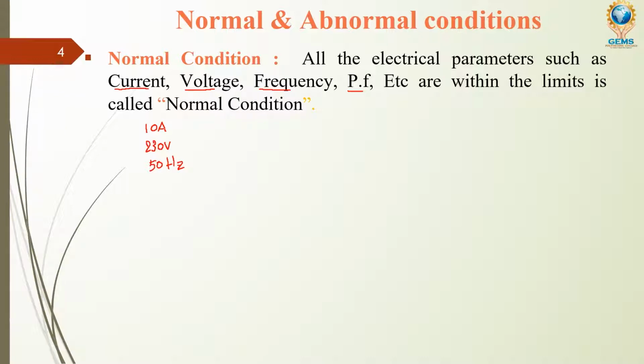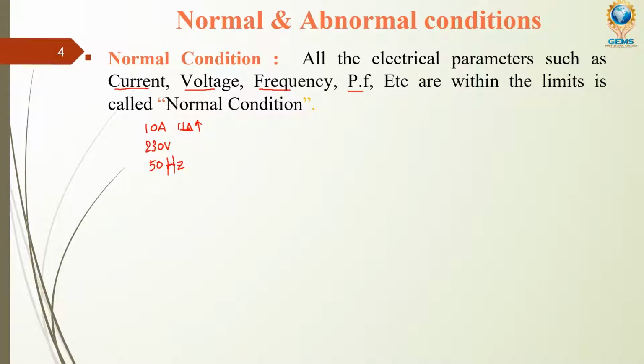I have set my system to operate at these ratings. Otherwise I can say these limits. See, if the system exceeds the values, suppose the current is 11 amperes, I will say this is the abnormal condition.